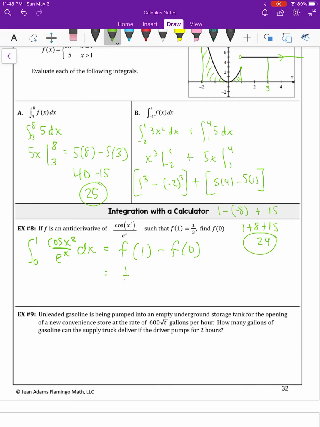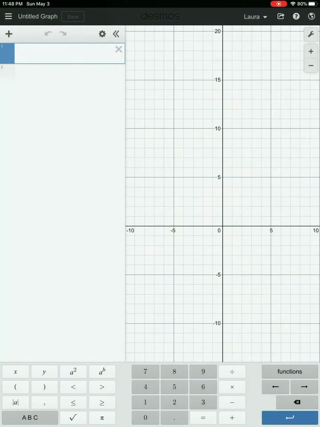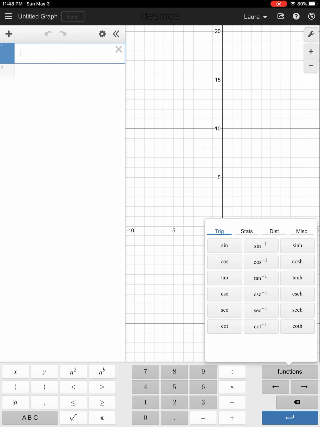And that's going to be my f of 1 minus my f of 0. So if I put this in my calculator, this left-hand side, I know that my f of 1 is 1/3, and I could find my f of 0.